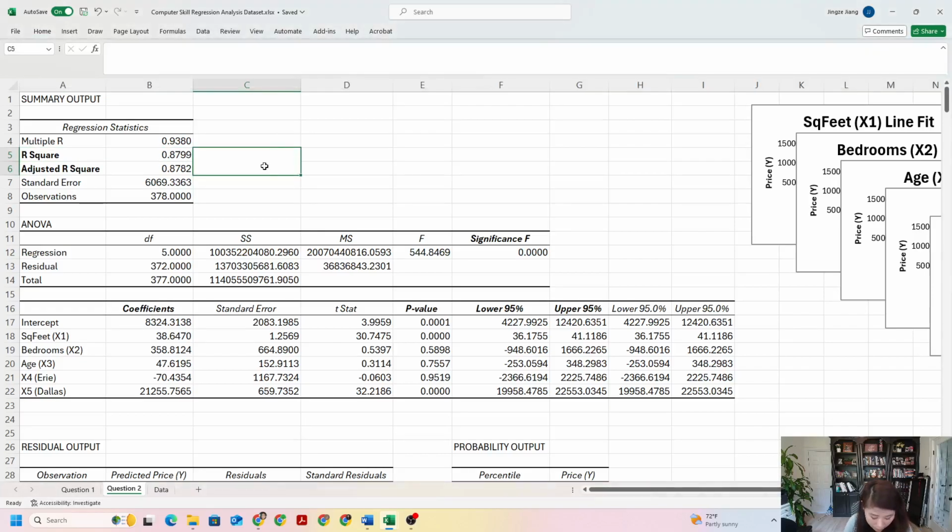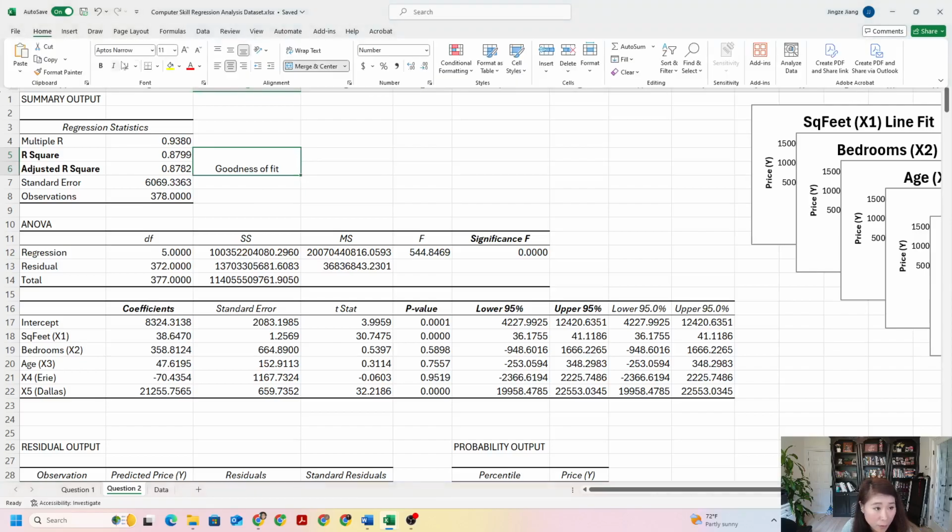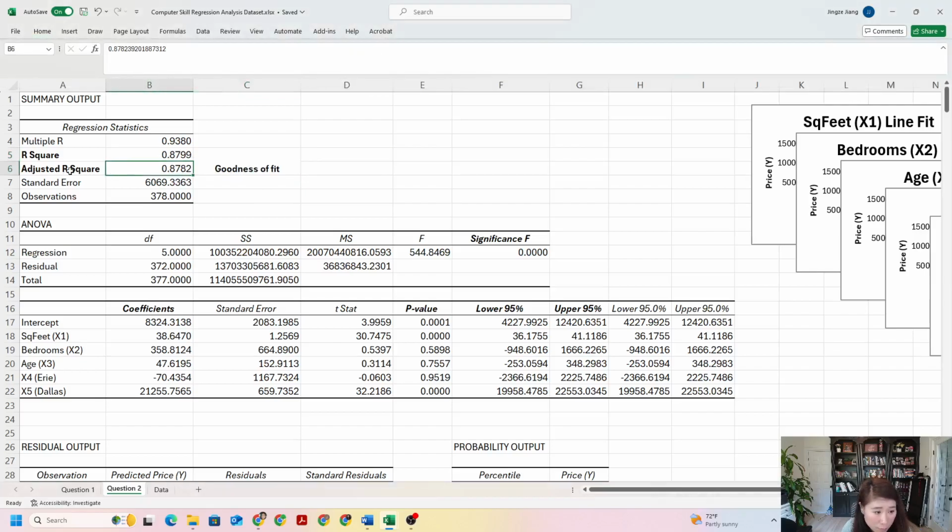So here is the measure of goodness of fit. Like I said, if you are comparing two models, you should use adjusted R-square. If you just look at one model, feel free to just use R-square. My R-square is equal to 0.8799.